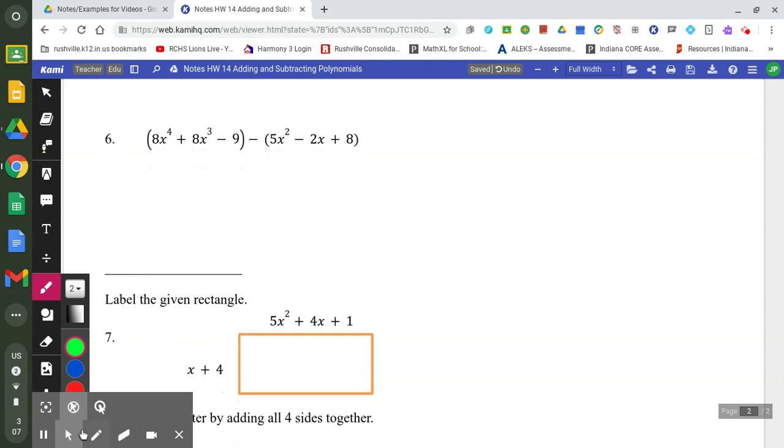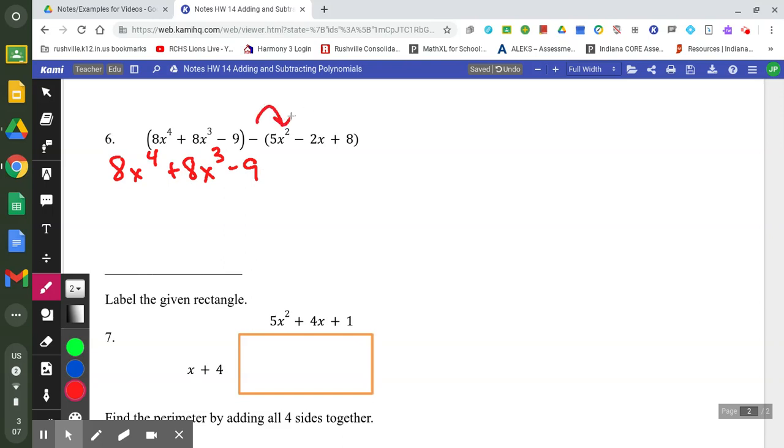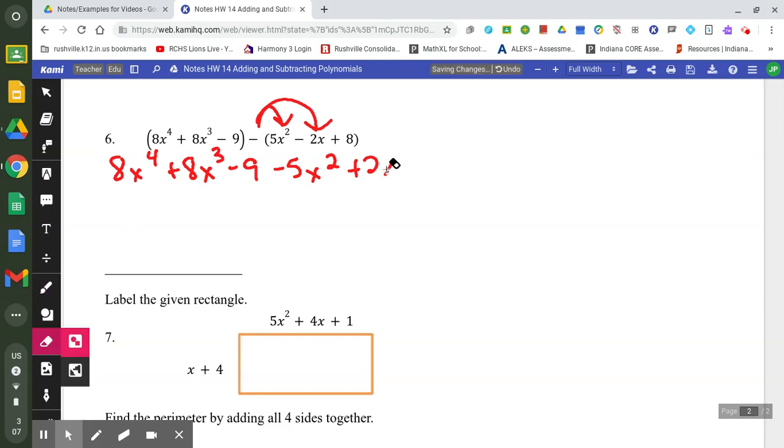Okay, number 6. I rewrite the first set of parentheses without the parentheses. And then the second set, I have to distribute the negative sign. Okay, then I'm going to put like terms together.